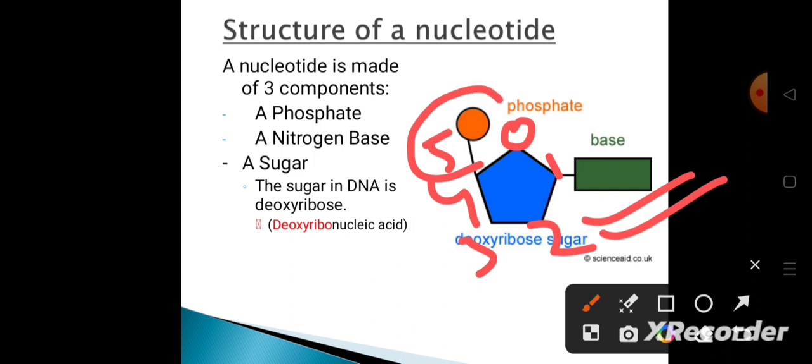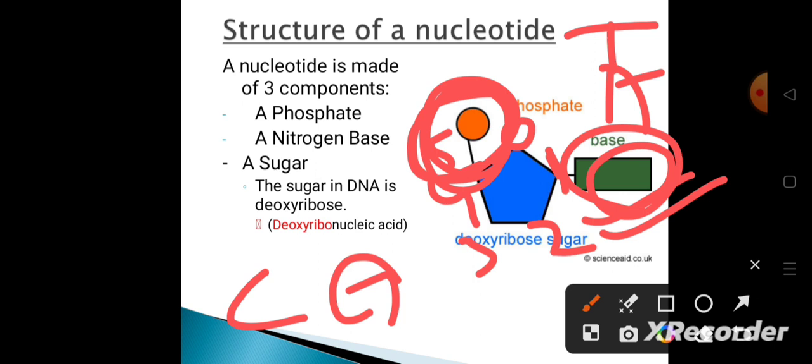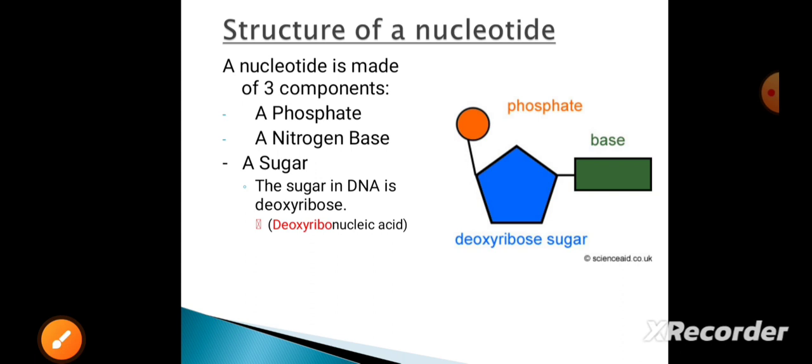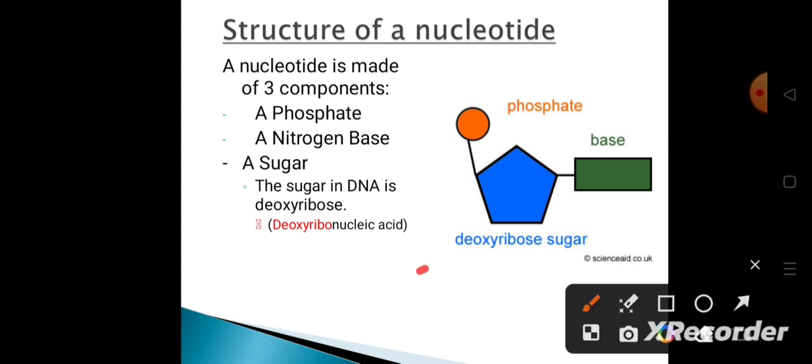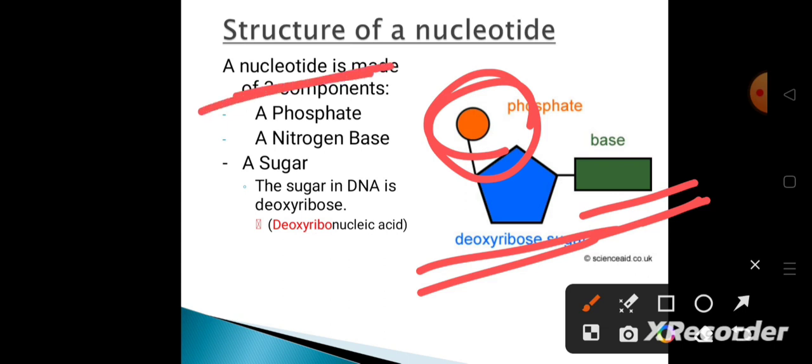The phosphate will always attach to the 5 prime, and the base, whether adenine, thymine, guanine or cytosine, will always attach to the 1 prime. This is your sugar, this is the nitrogenous base, and this is the phosphate group. All three components together form your nucleotide.